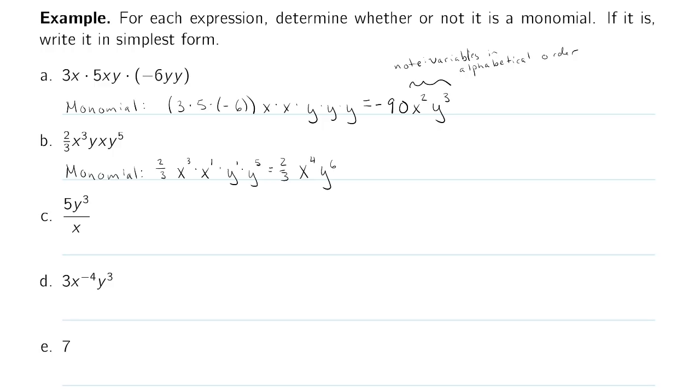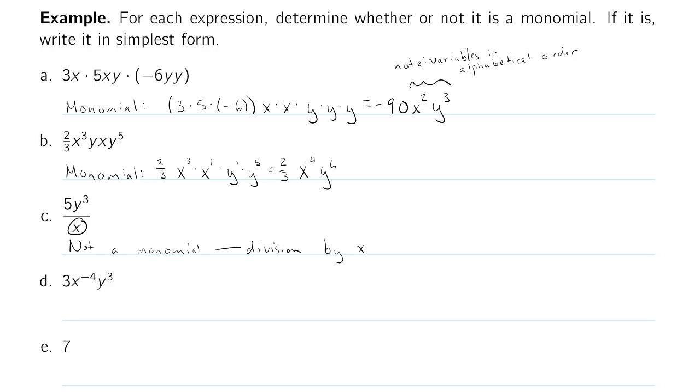This next expression is not a monomial. Why? Because we're dividing by x. So monomials can only contain multiplication. They cannot contain division. What about 3 times x to the -4 times y to the third?